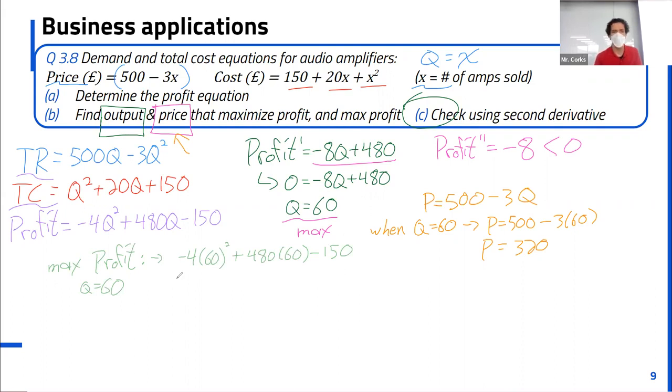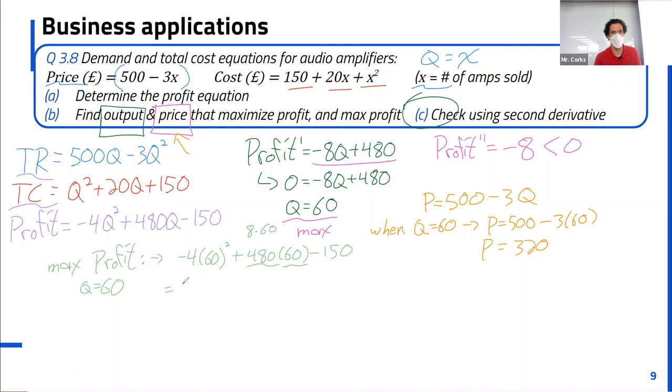Okay, so this is quite similar to the last one. We can notice this here. For 480, can we make that into something times 60? 8. Yeah, so this is 8 times 60, and we have negative 4 here.